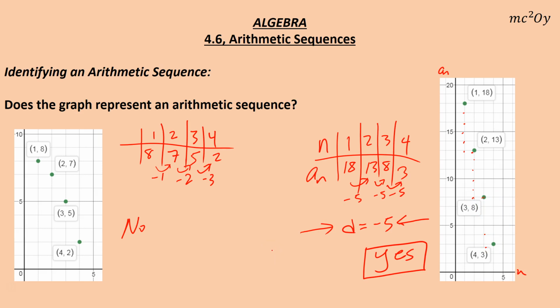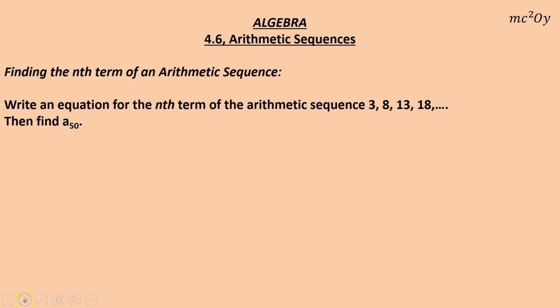So another name for common difference is slope. So D is the same thing as our slope. All right, it's going to help us out, so I'm trying to leave all these little pebbles for you.